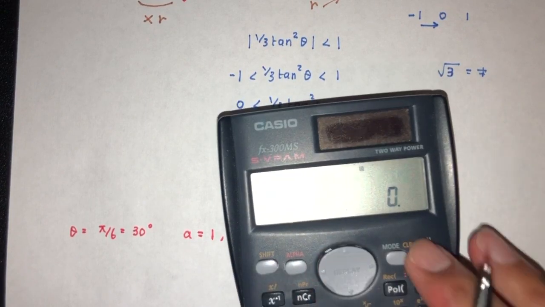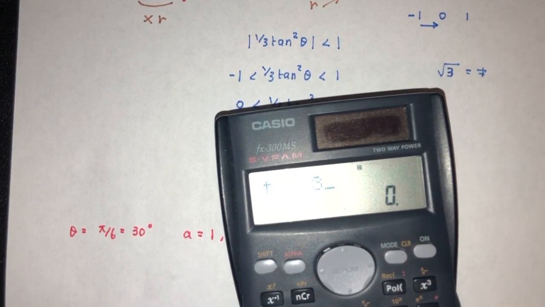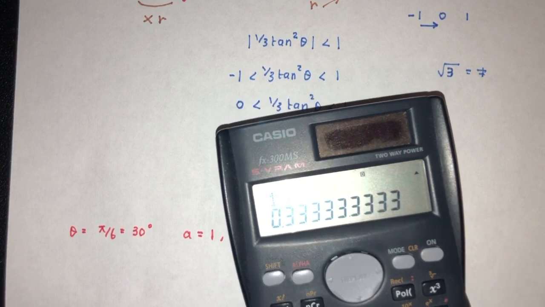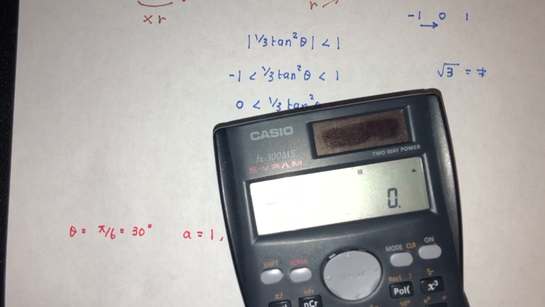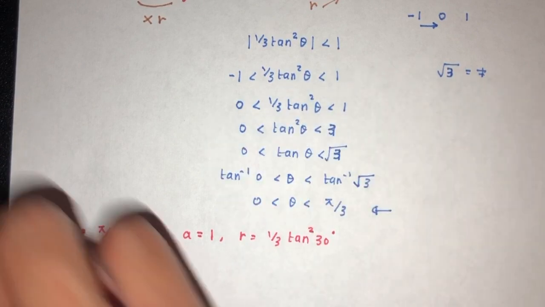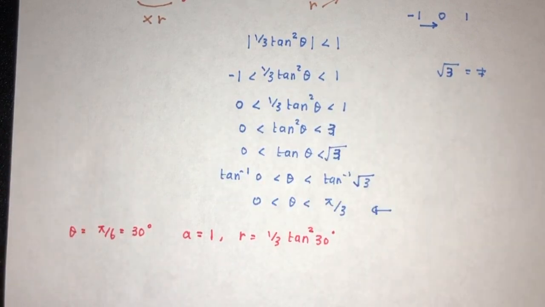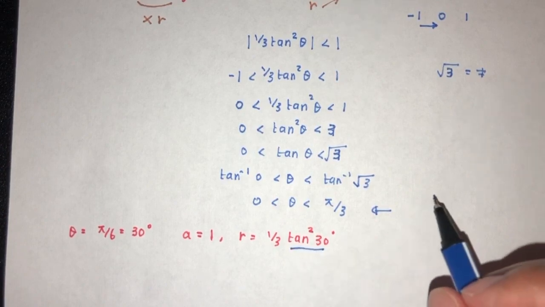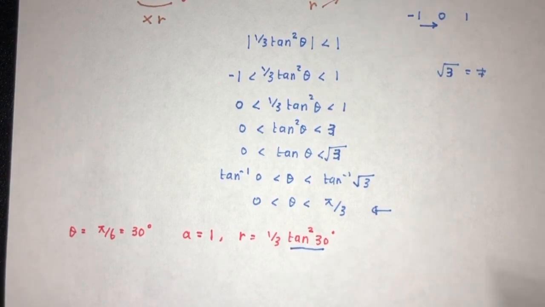So tan of 30 degrees is this, and the square will be this. Now what is this value? 1 divided by root 3? Let's check. If you don't remember, we can always use a trick to find this exact value. Let me just show you guys.